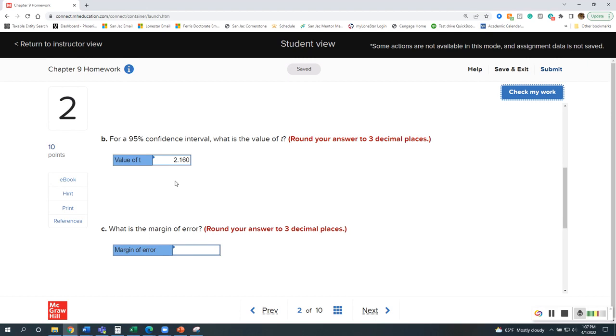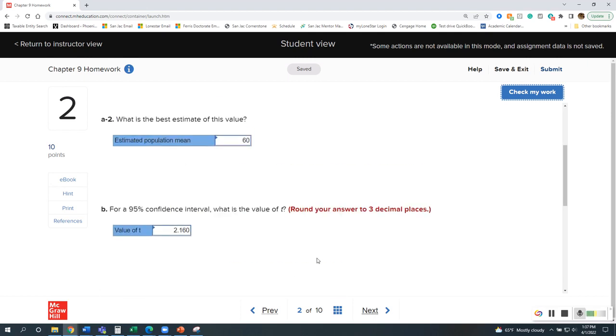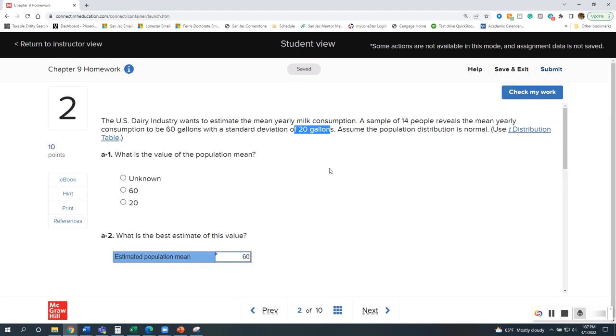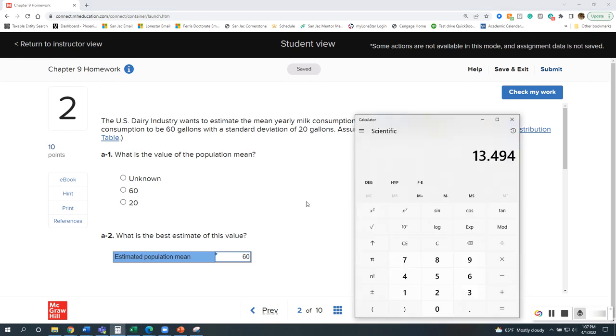Okay, margin of error is going to take the t, and then it's going to take our standard deviation, and then divide by our square root of our sample size. So, calculator, first I'm going to do the standard deviation, divide by our square root of our sample size, and then multiply it by that 2.160, which was our t-value.